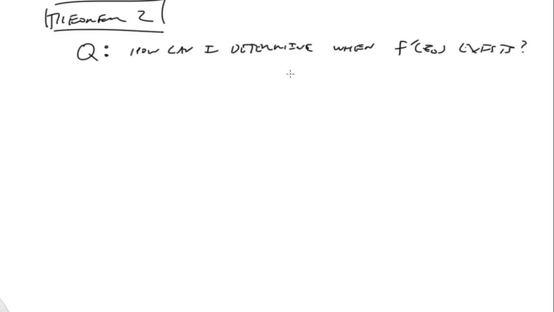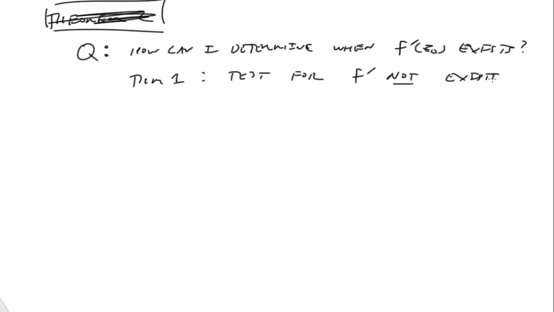Okay, so now we have this nice little test. Theorem 1, I'm going to cross that out. I'll state that later. It is a test for f prime not existing. So it's a kind of negative statement, right? What I want is some sort of test to determine when f prime does exist.